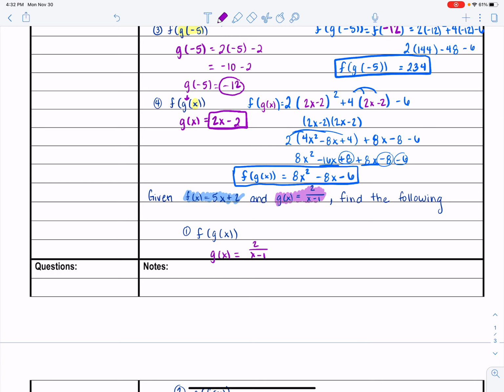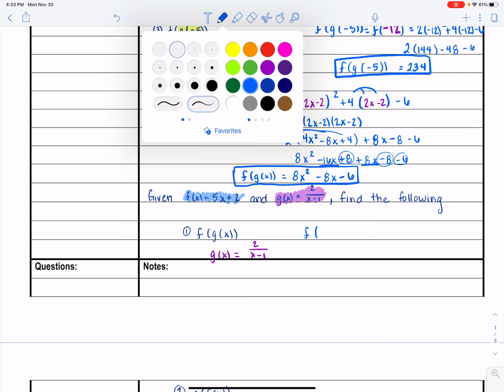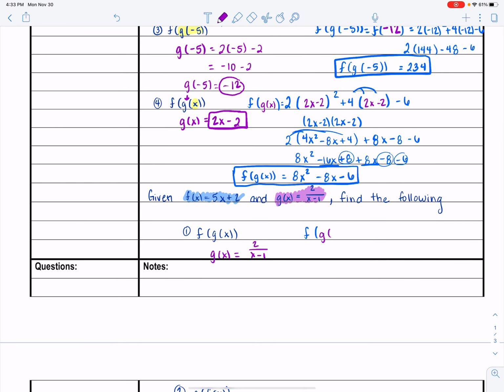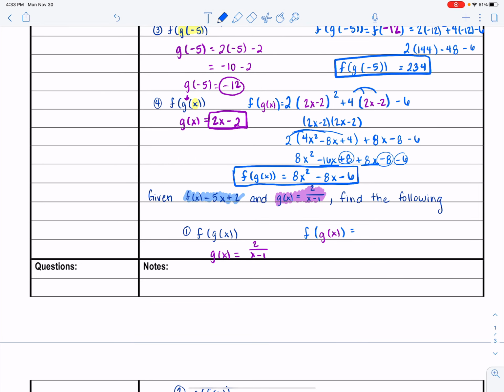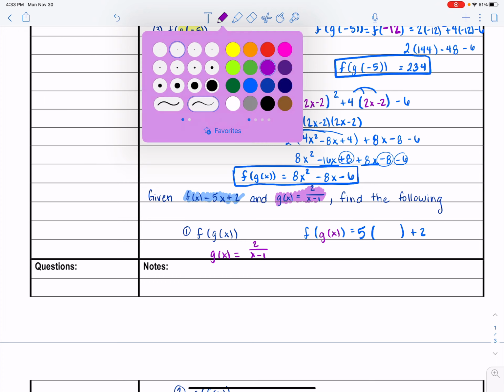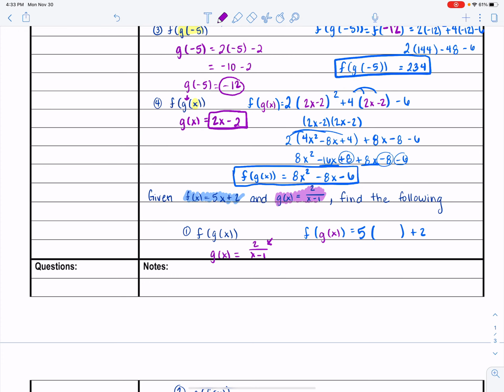That is going to be the input. So now if we find f of that g of x, so we put g of x inside, we get 5, we're going to leave x out, plus 2. We're going to input g into x's place, so I left a spot for this. So 2 over x minus 1.